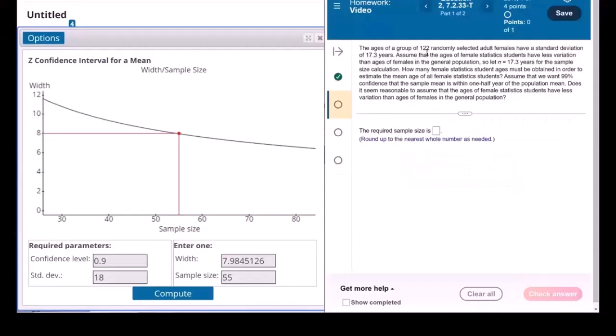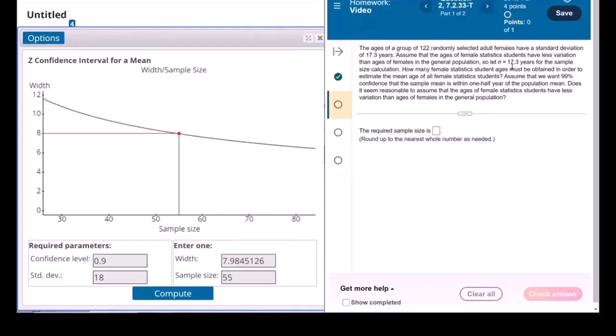The ages of a group of 122 randomly selected adult females have a standard deviation of 17.3. It is not the standard deviation of the population, it's the standard deviation of the sample. Assume that the ages of female statistics students have less variation than ages of females in the general population.